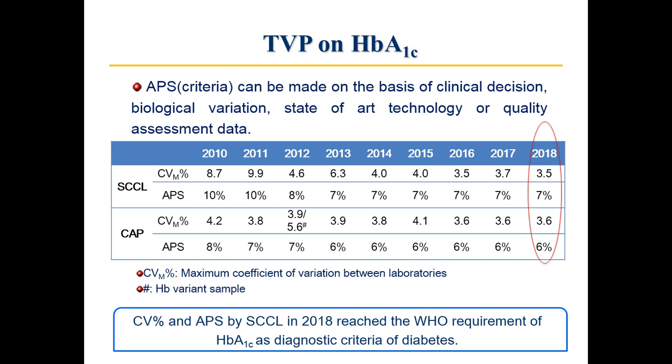With the process of HbA1c standardization, we use the reference method to assign value for PT activity. In 2018, the criteria was raised to plus and minus 7%. The CV among participants improved and reached the requirement of HbA1c by WHO as diagnostic criteria of diabetes. Thus, TVP has significant achievement for standardization.